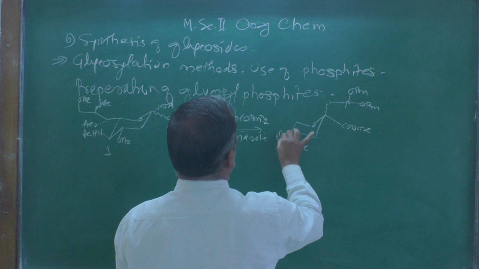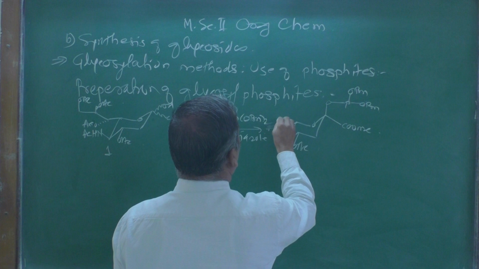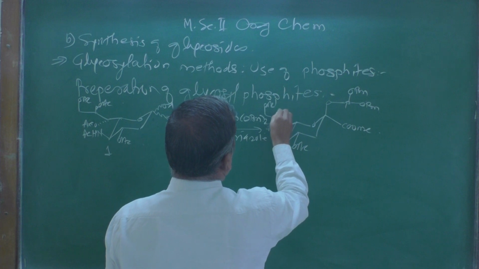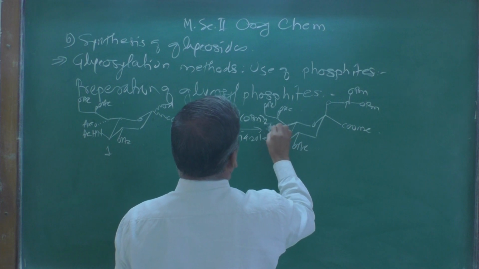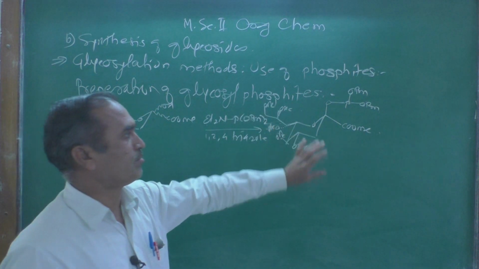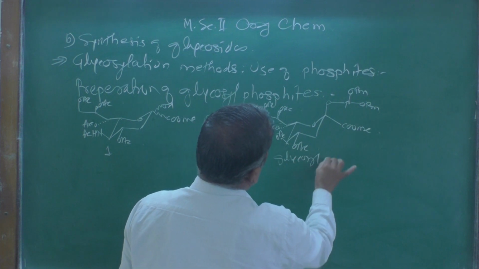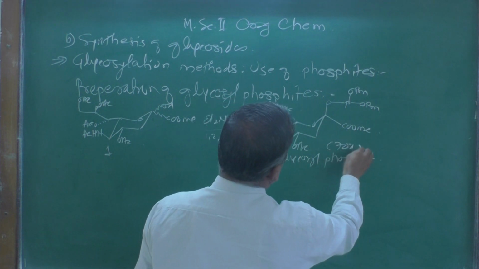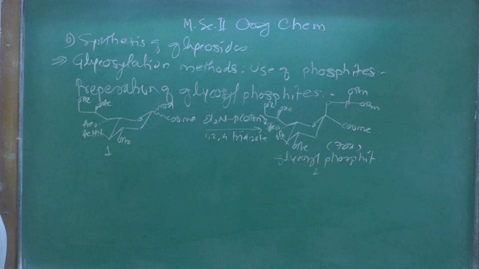OAc, then OAc here, we can draw this one here OAc, on the above one OAc we can show, and there will be an OAc acetyl group, and this is nothing but a glycoside from where we got the glycosyl phosphite. And the percentage of this is about 70%, and this structure we can call structure number 2.